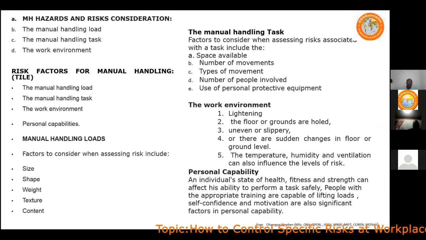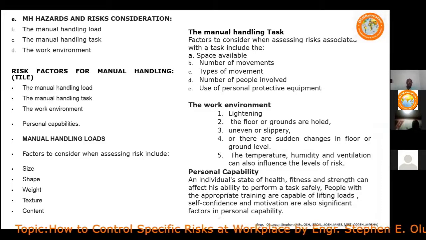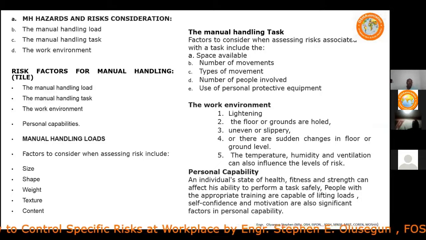And I have this tied to a very simple formula that you can use. Just call it TILE. For example, if they ask you, what are the risk factors for manual handling?